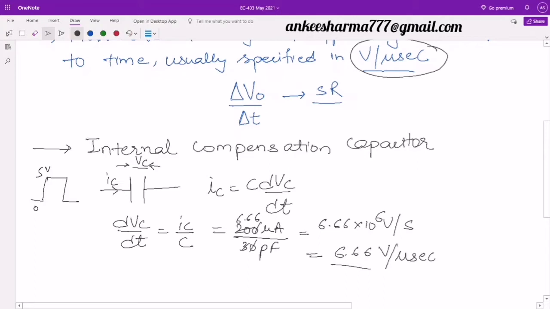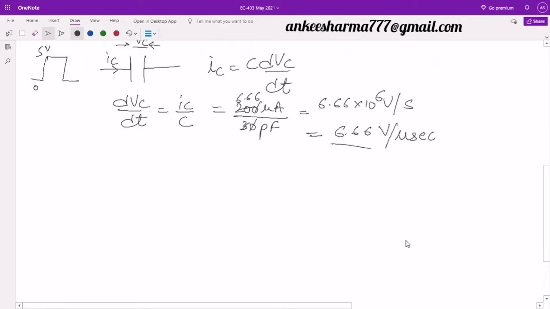So if I take first an example of the effect of slew rate on a square signal, right, let me take a square signal. This is my square signal.